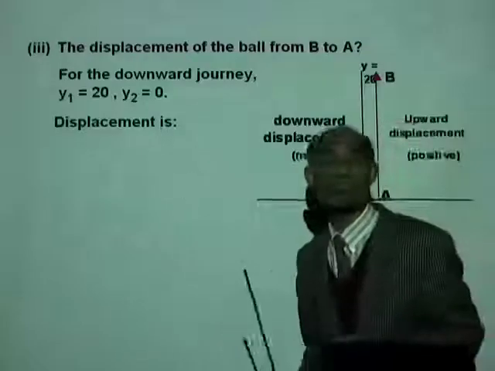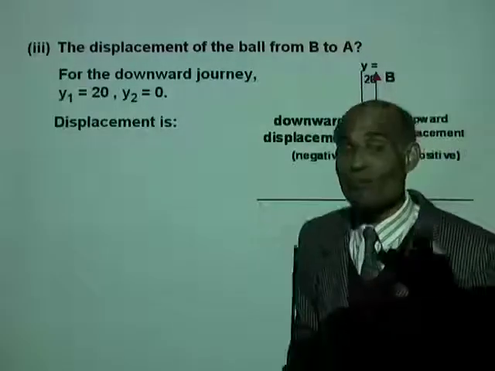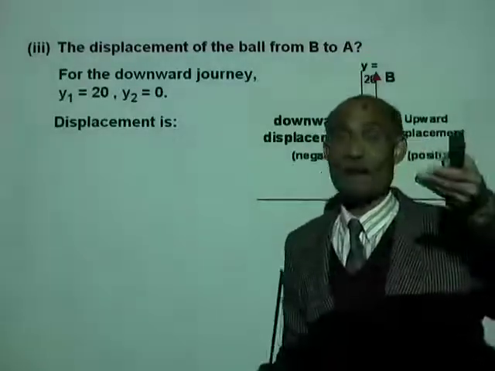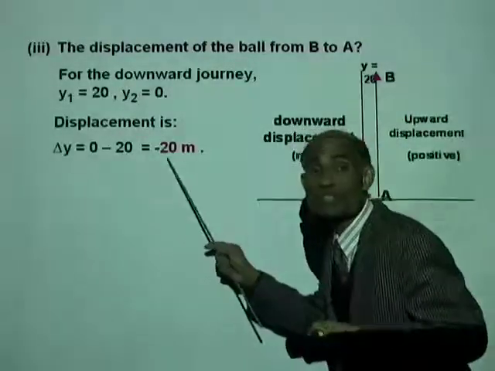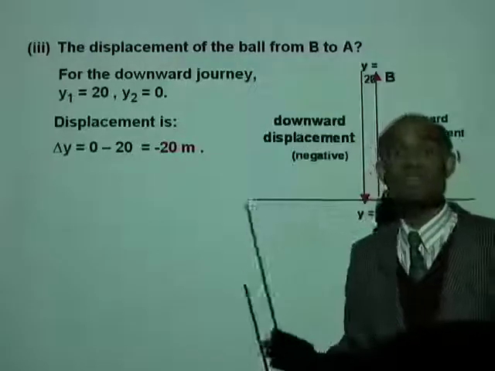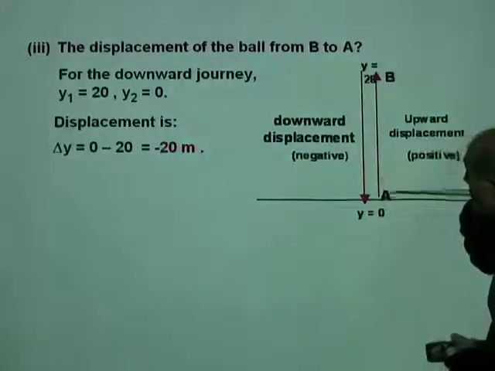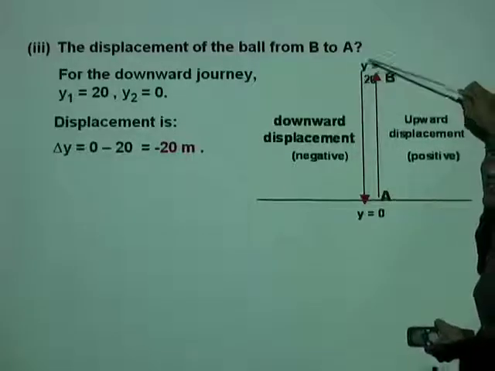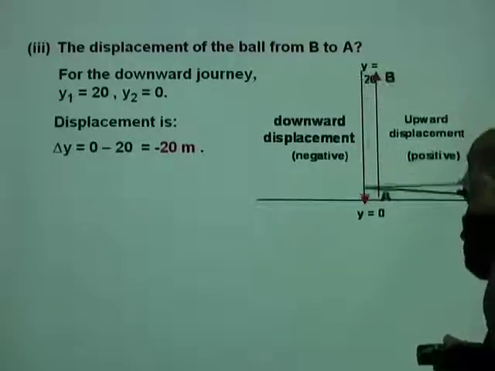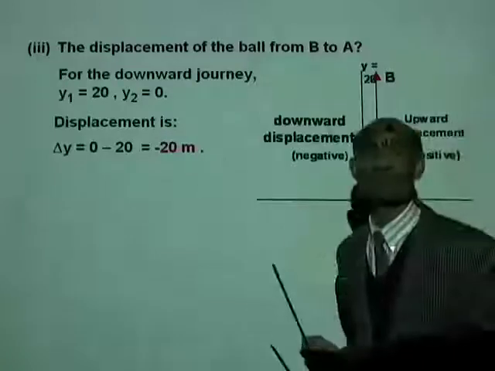Displacement is, what's the definition of displacement? Final position minus the initial position. That will be 0 minus 20, which is negative 20 meter. Watch that again. For the upward journey, the displacement is positive. For the downward journey, the displacement is negative.